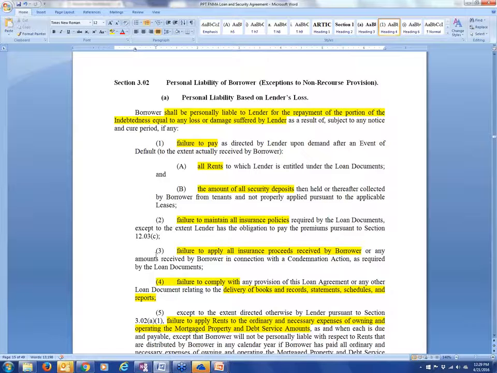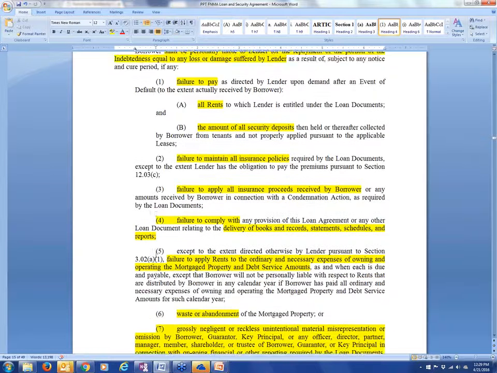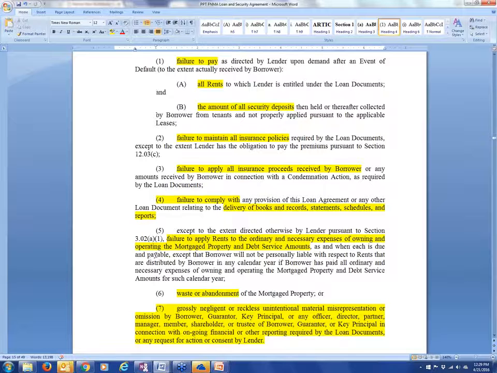And so if you don't give them the rents, you could be personally liable. If you don't turn over all the security deposits, you could be personally liable. If you fail to maintain the insurance policies on the property, you could be personally liable. If you have an insurance claim and they pay you the money and you don't fix the property, you put the money in your pocket, you could be personally liable.